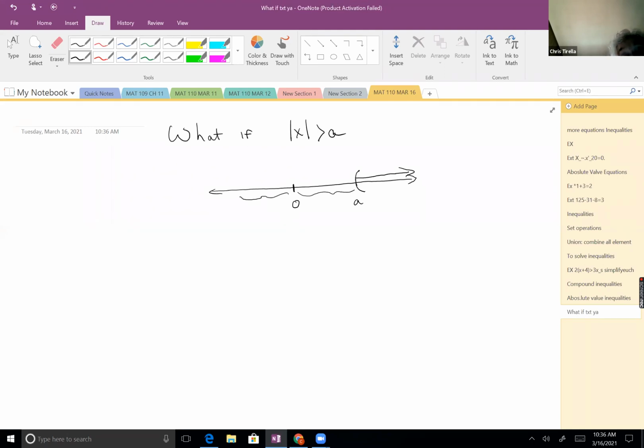But on the opposite side, if I'm further from 0 than a, wouldn't I be less than negative a? So if the absolute value of x is greater than a, then x is greater than a, or x is less than negative a, or we take x is greater than a union x is less than negative a.